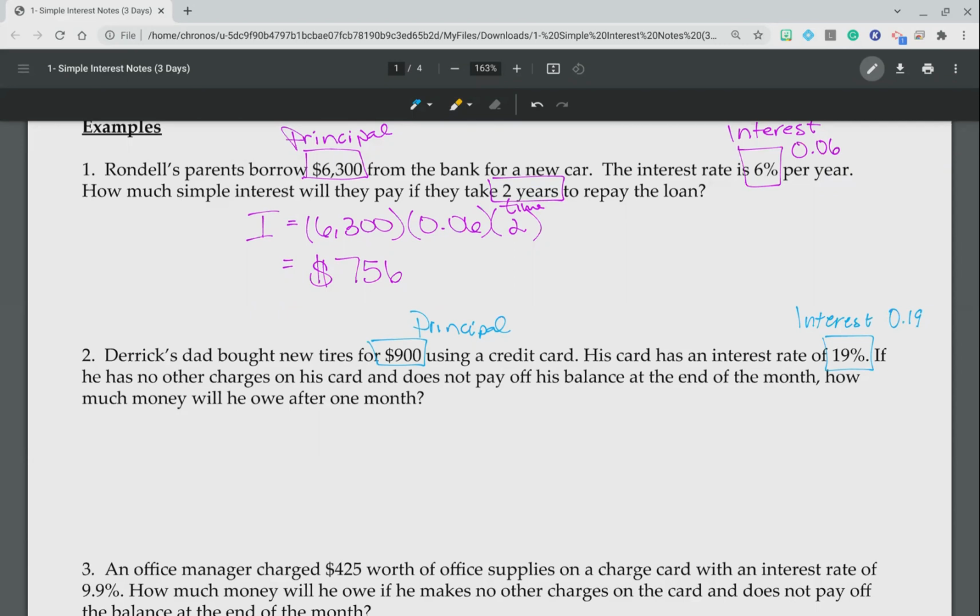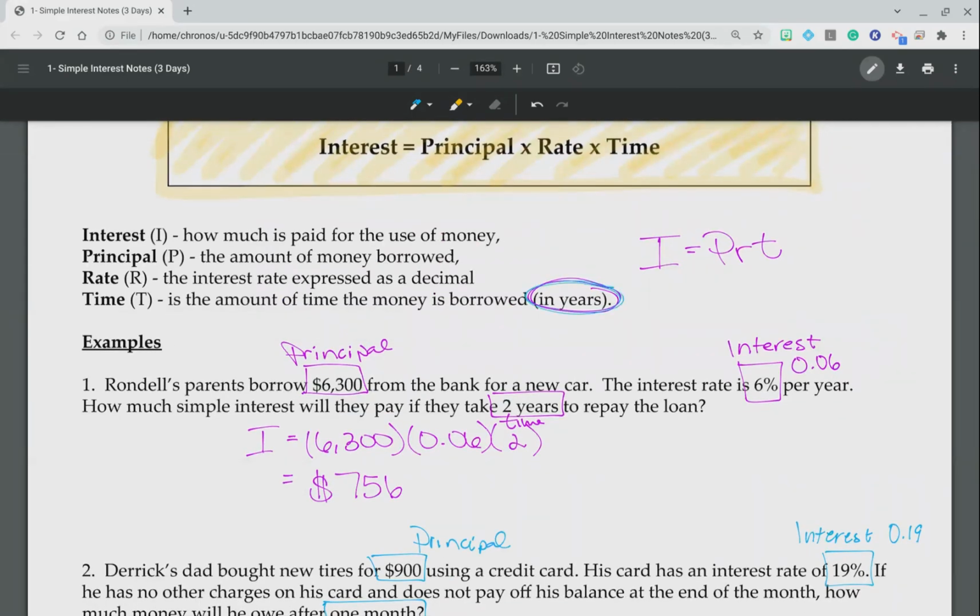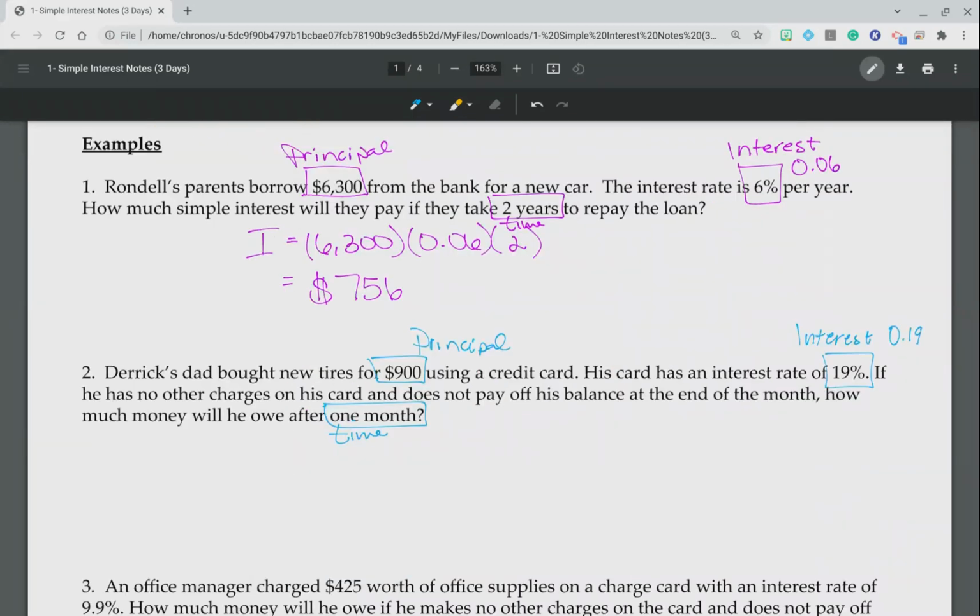The reason I said this one's a little bit tricky is because of the time. It says, how much will he owe after 1 month? So 1 month is the time. The problem being, remember all the way up here, we said our time always has to be in years. If I'm talking about 1 month in terms of a year, there's 12 months in a year.